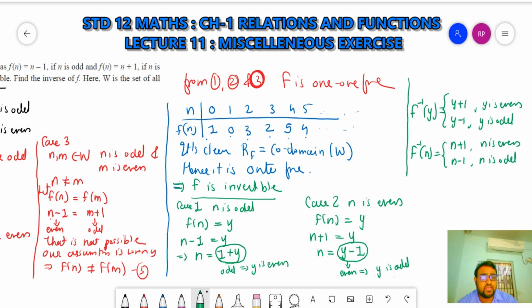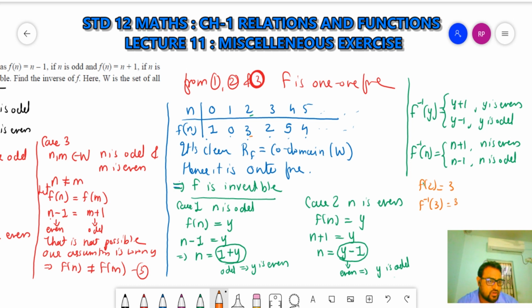You can confirm it. See how to confirm. Let's take 2. What is f of 2? f of 2 I got 3. So now f inverse of 3, I should get 2. Now f inverse of 3, 3 is odd. So when 3 is odd, which function do I need to use? n minus 1.